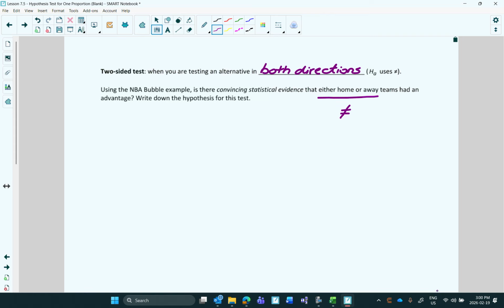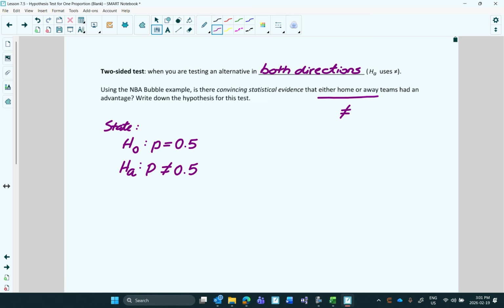So when I do my state, I've got H0, no home team advantage, the proportion is 50% or 0.5. What I'm trying to prove is, was there a home team advantage, or was there a home or away team advantage, either way. And if it's either way, it could be less, it could be more, which means it's not 0.5.